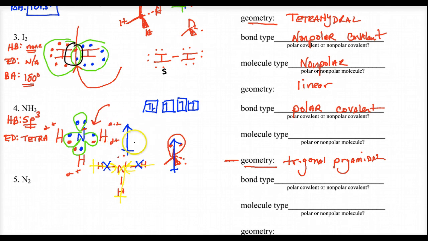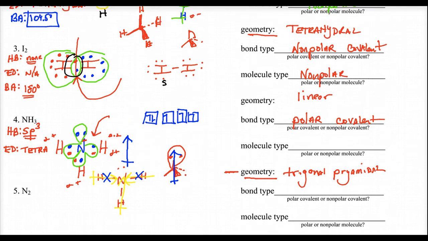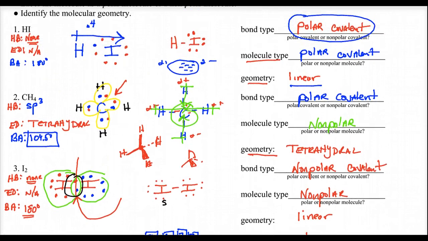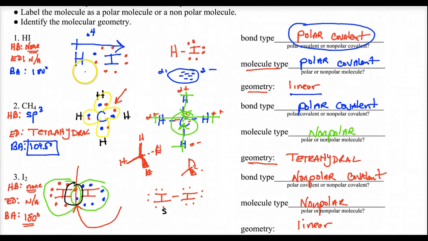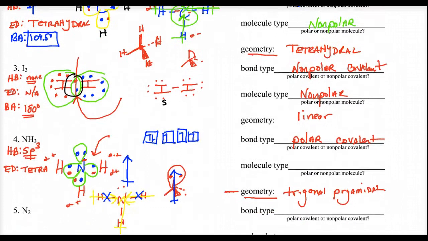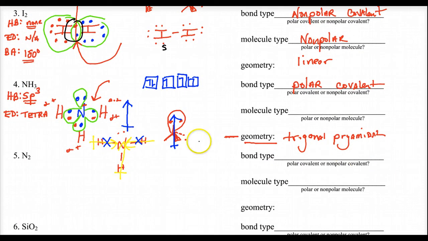If something is polar, I better see that. Notice we've had nothing polar so far except for number 1, and there's the overall flow of charge. So this has polar bonds, and because the shape is asymmetrical, which means that the polar bonds, or the dipole moments, don't cancel, this is going to be a polar molecule.